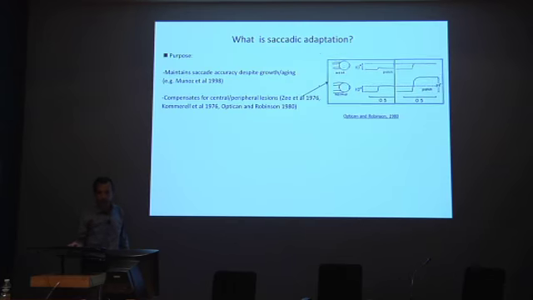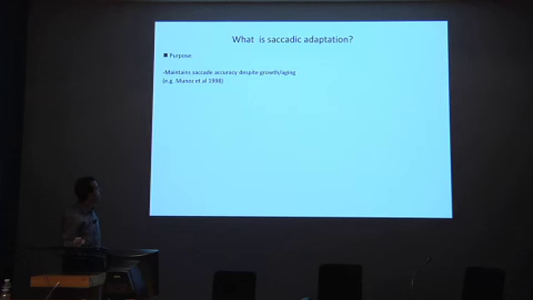So what is saccadic adaptation? Saccadic adaptation is a process by which we can maintain the accuracy of saccades over the lifetime, despite numerous changes in our organisms due to growth or to aging.